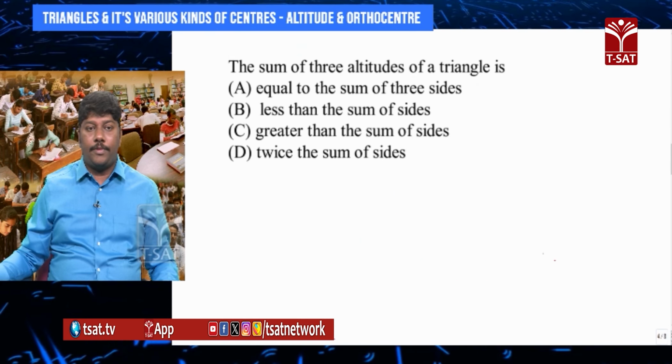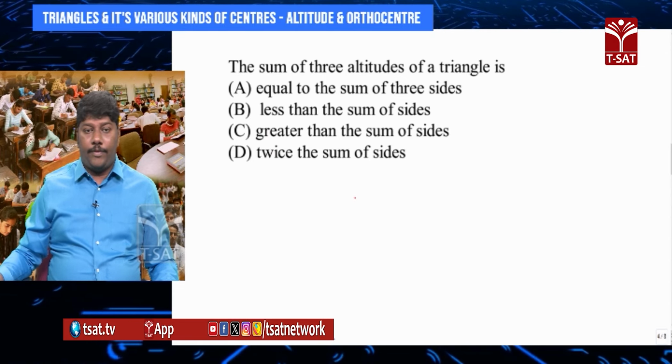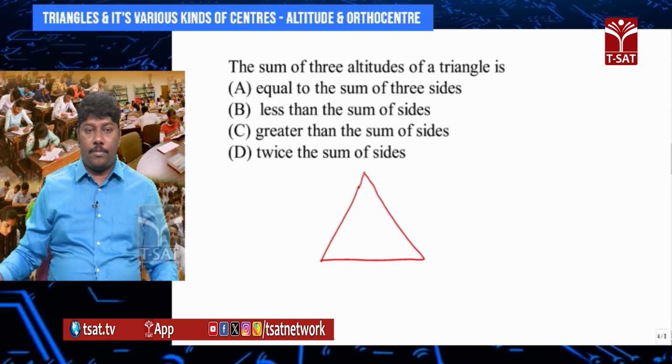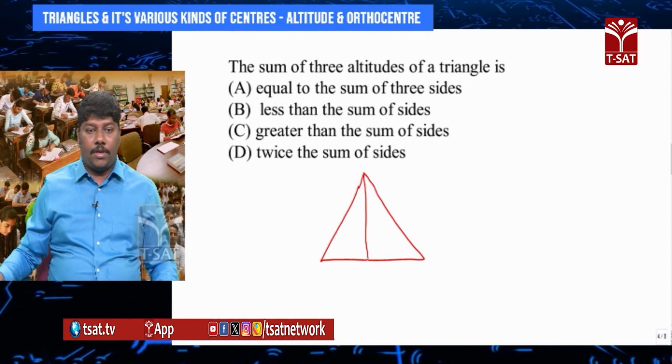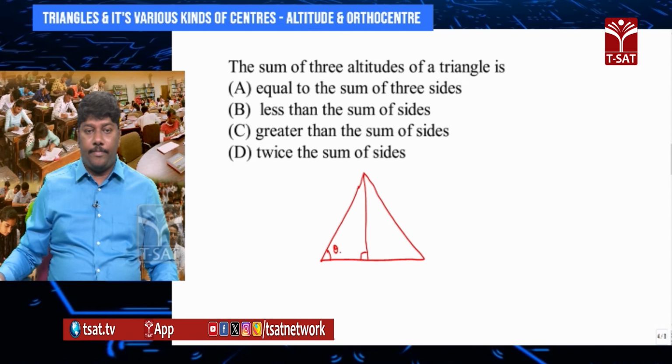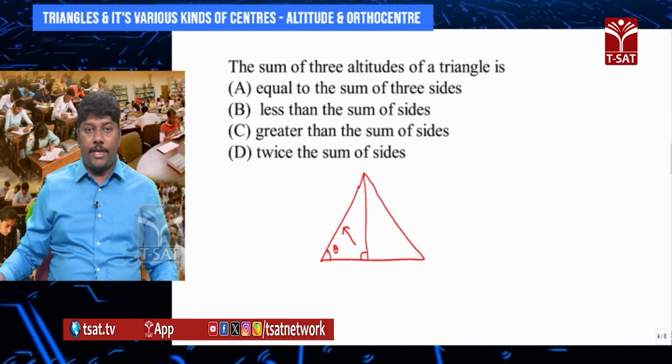Look at the next question. The sum of 3 altitudes of a triangle. If I take one altitude, if I take this angle theta, this theta is always less than 90 degrees and the side is opposite to 90 degrees.